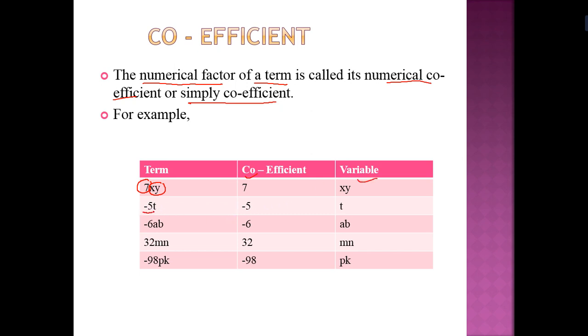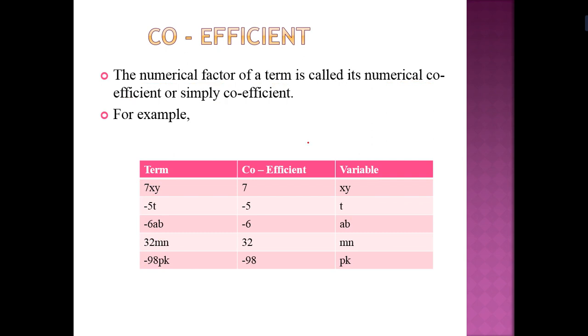In 5t, so minus 5 is there, that is coefficient. Here it is t. T is variable. Minus 6, that is coefficient. AB, that is variable. 32, again coefficient. Mn, again variable. Minus 98, again coefficient. Pk, that is variable.